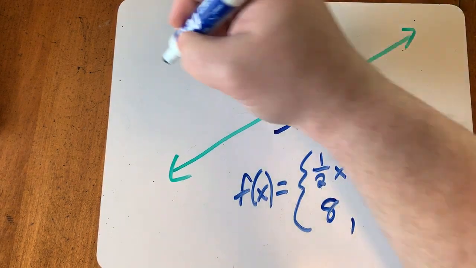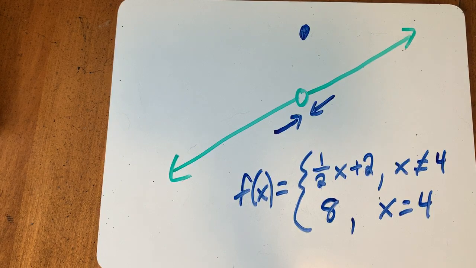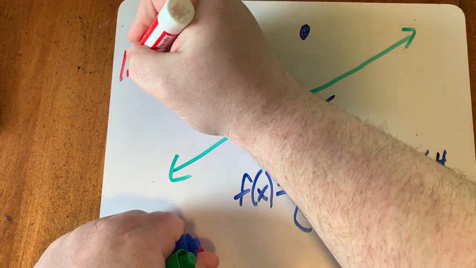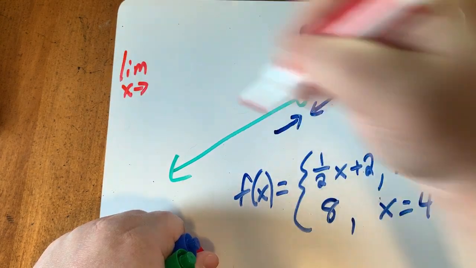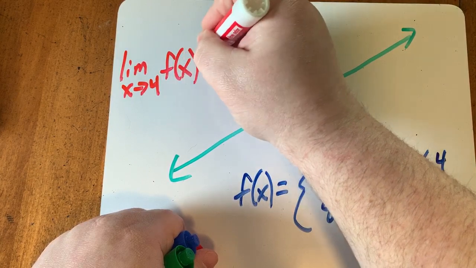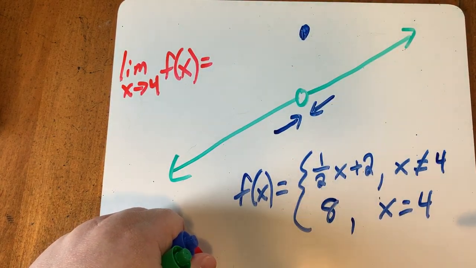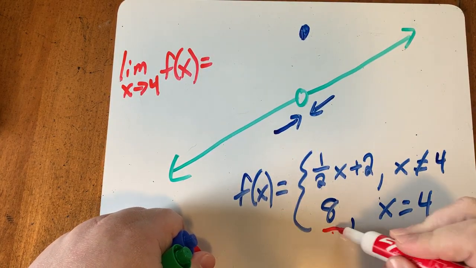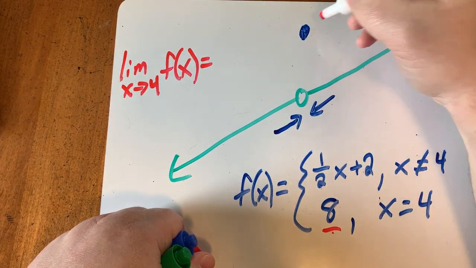The limit, just going to change colors. The limit as x approaches 4 of f of x is not f of 4. f of 4 is 8. That's this point.